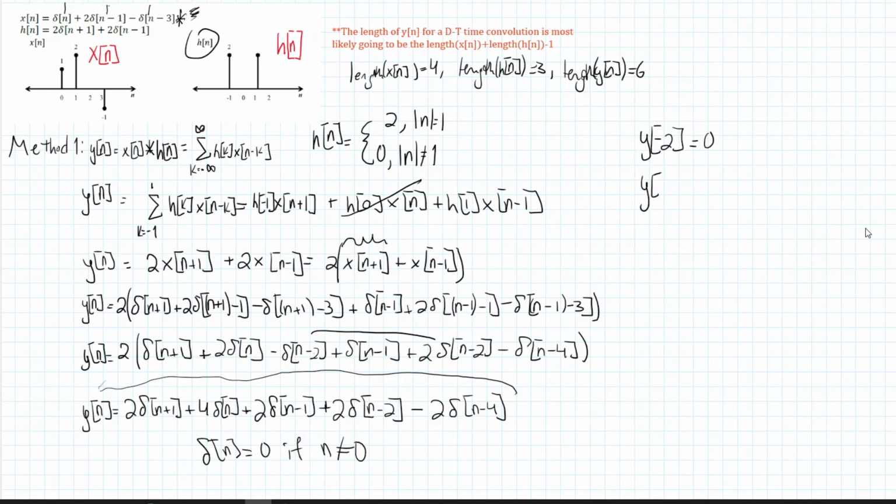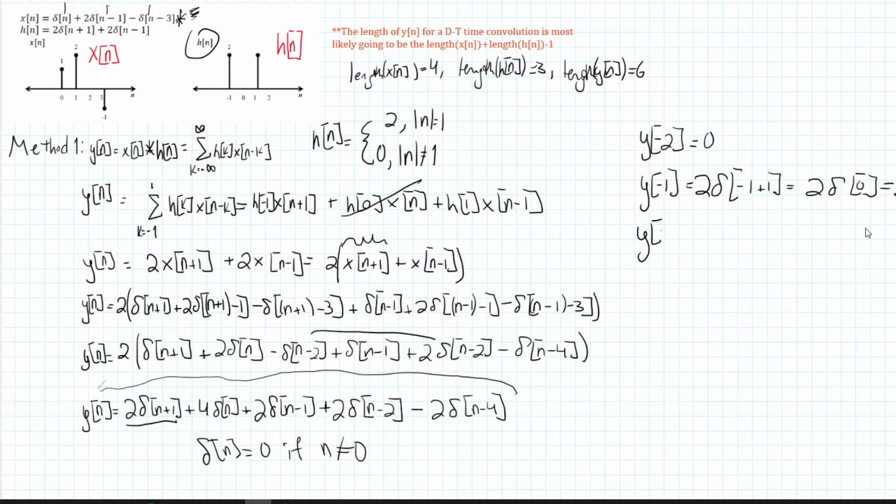Y negative 1. Well, this one right here, let's say, look, we go 2 delta negative 1 plus 1 equals 2 delta 0 equals 2. So y at negative 1 is 2.